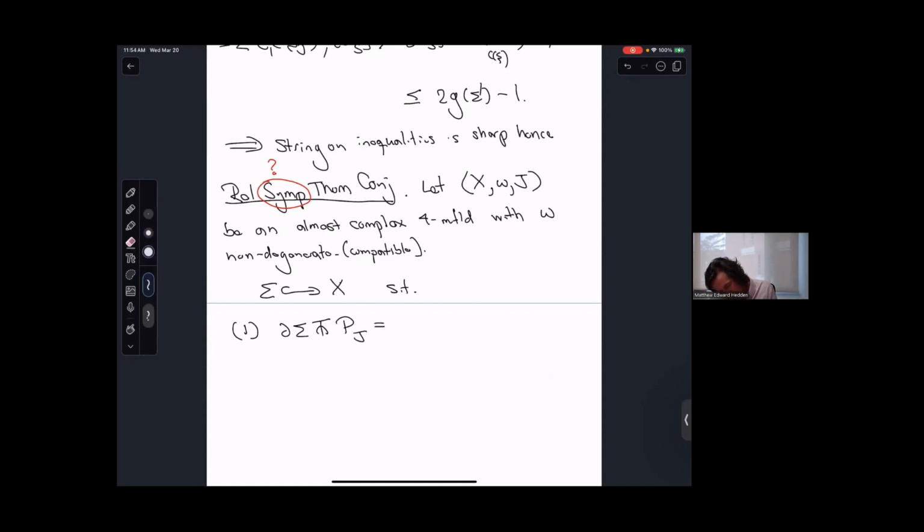So this is TY intersect J TY. And I just want to emphasize here, let's not assume that this is a contact structure. This is just some plane field.